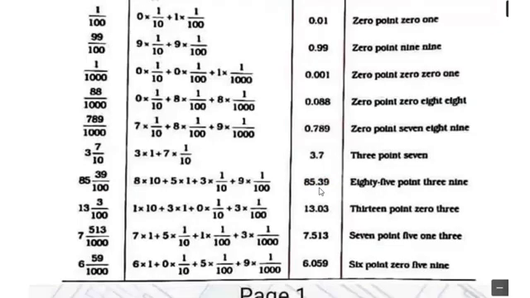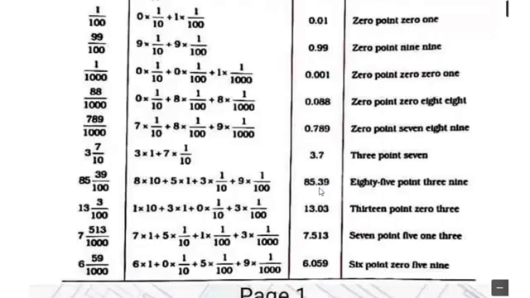Now the next one is 13 and 3 by 100. Now children, here also 13 is a whole number and 3 upon 100 is a fraction. So 13. Now what is 3 upon 100? 3 upon 100 is 0.03. So the number is 13.03. I hope you all have understood this now.